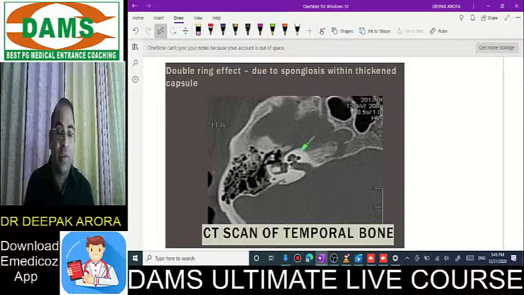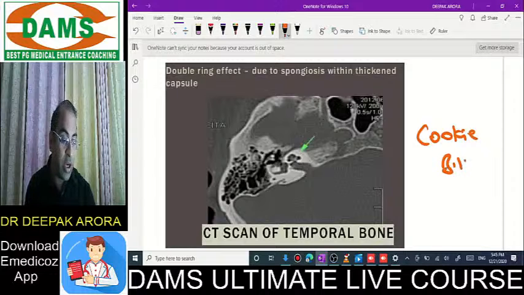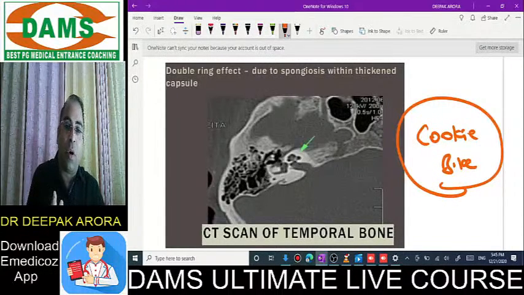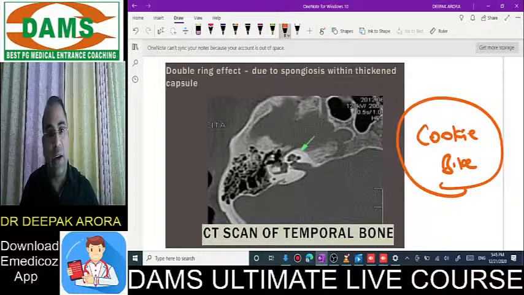Is the topic over? No. If you want to go beyond this level, they can ask you on cochlear otosclerosis, there is a cookie bite audiogram, but there is a very rare possibility they will ask you these questions. There is a textbook of otosclerosis data. We can't go to the depth of each and every segment, but yes, what we have to do is learn the basics. We have to make basic concepts strong, and we have to revise again and again.